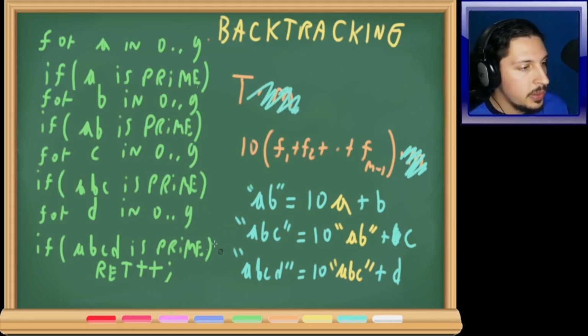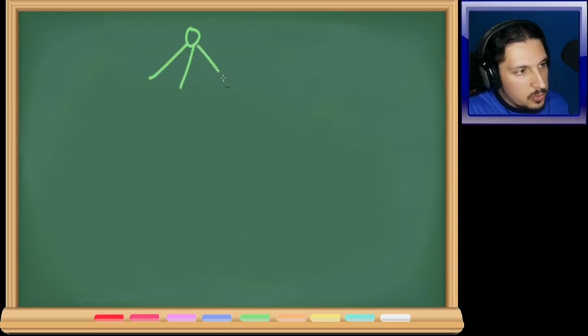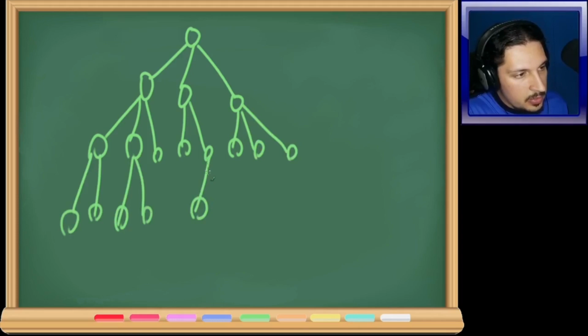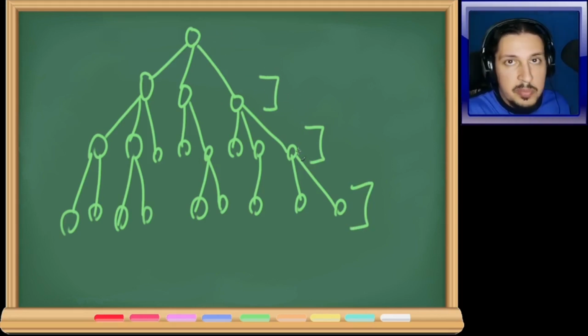This is a very common pattern, a very common idea. Just to make clear with a drawing what is happening, we can see any backtracking problem as involving a tree, which actually represents the solution building process. In the tree, each level of distance from the root will represent one step of the solution building process.